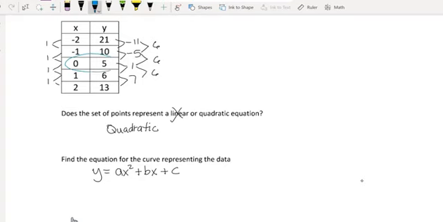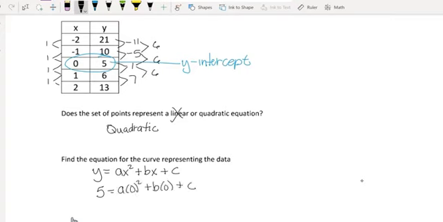Now, the first point that I'm going to start with is the point where x is 0, which means this is the y-intercept. So I'm going to plug that into my equation. So y equals 5 and x equals 0.